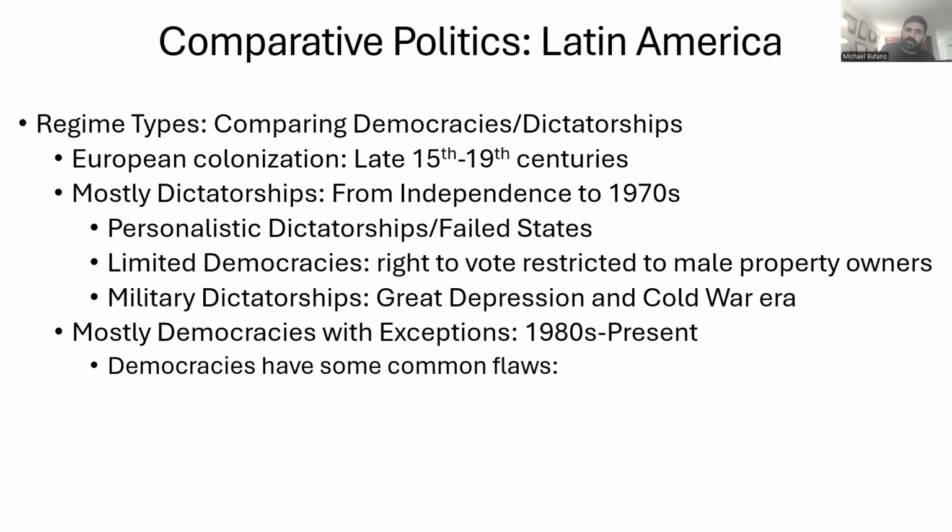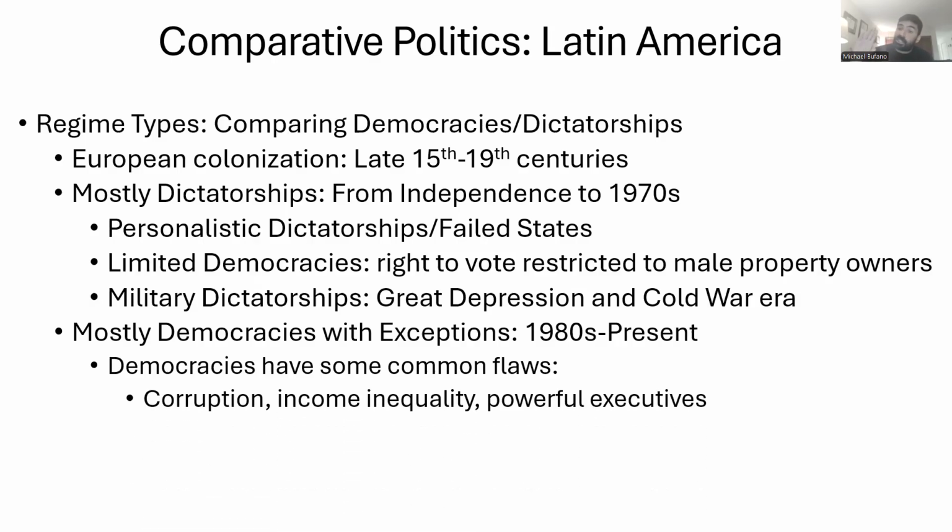Now, of course, these democracies do have a lot of common flaws. There's a lot of common struggles. A lot of these countries like Mexico, Argentina, Brazil, they have problems with a lot of corruption within their political systems and clientelism, problems with economic inequality, problems as well with the marginalization of ethnic and racial minorities.